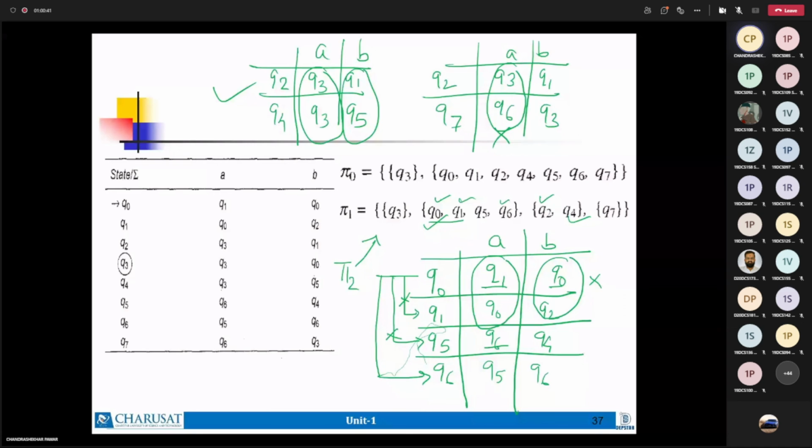That is 1 and 5. Q1 is here, Q5 is here. Q0 and Q6 are also within the one set, so they are equivalent. So Q0 and Q6 are equivalent. Remaining are Q1 and 5, so 1 and 5 we have to check.